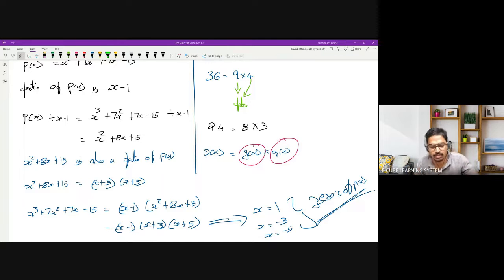Just note down the example so that we can clarify the doubts. Below, we have already written up to: factor of p of x is x minus 1. Written?